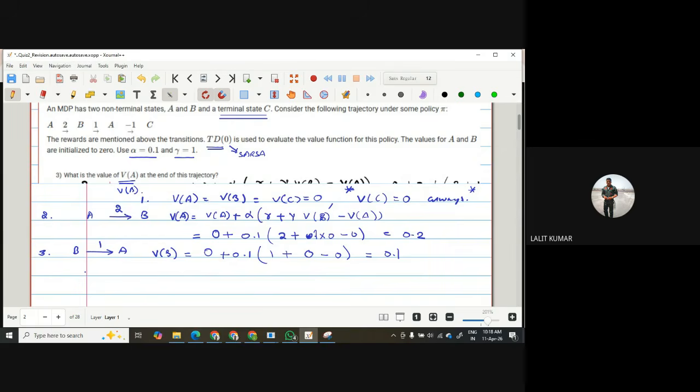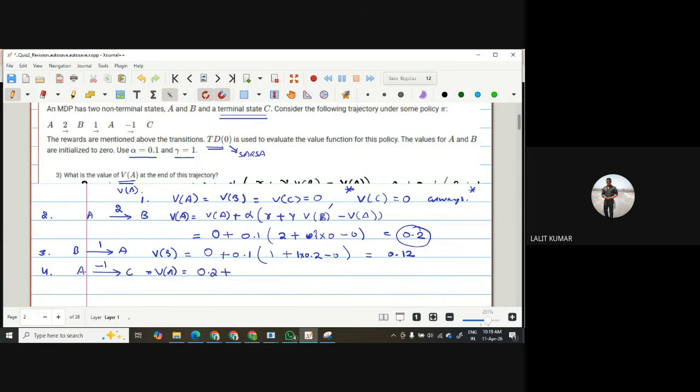Okay. Now fourth, we go from A to C. We get a reward of -1. So here now we will use the VA value, which we have already got, 0.2. So now the new VA will become 0.2 plus alpha. Sorry, here I have made a mistake. Here it is VB. So here I should have taken 1 * 0.1 minus 0.2, so this will become 0.12.